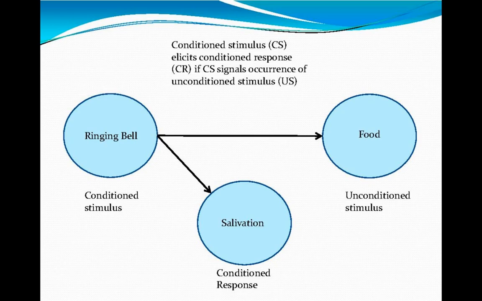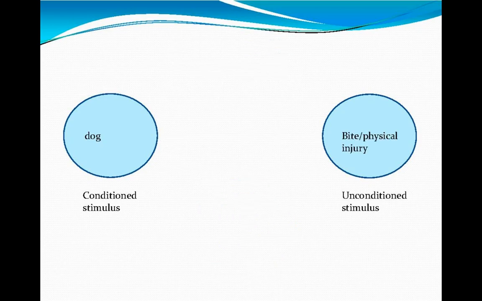Okay, so if we apply that to the case example that we're using, a child with dog phobia, the conditioned stimulus is a dog, and we'll pretend for a second that there's no innate response to a dog. And the unconditioned stimulus is being bitten, the pain, the physical injury of a bite.